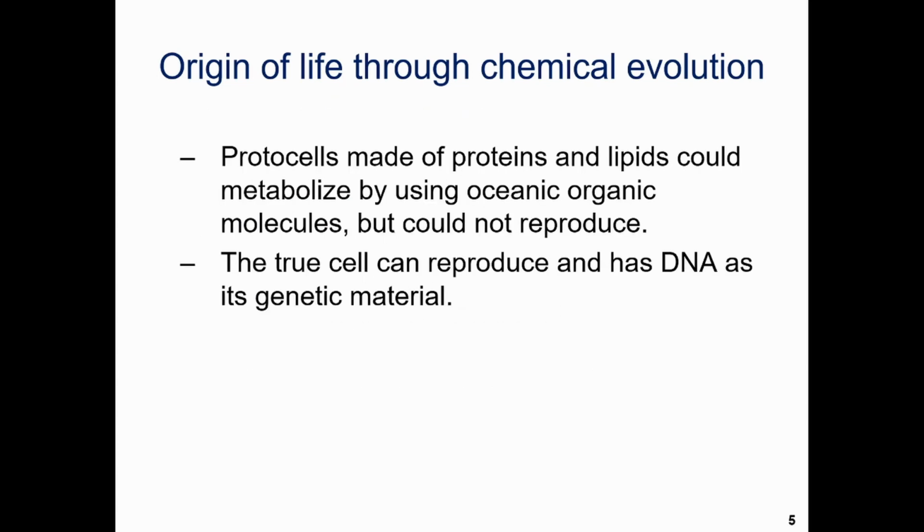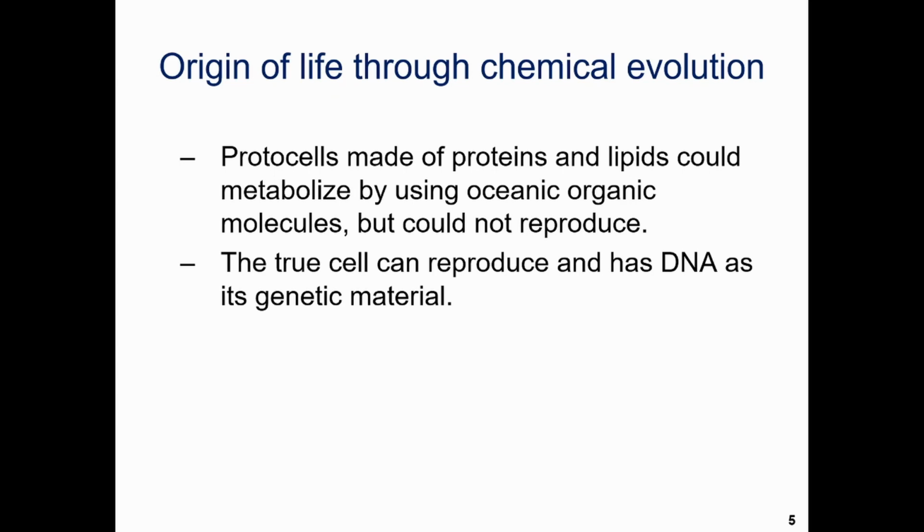Once we form these macromolecules and we have this molecule that can now store and hand off information, we start to see what we call a protocell. A protocell is made of proteins and lipids, and it can metabolize organic molecules, but it lacked one key feature of real true cells.